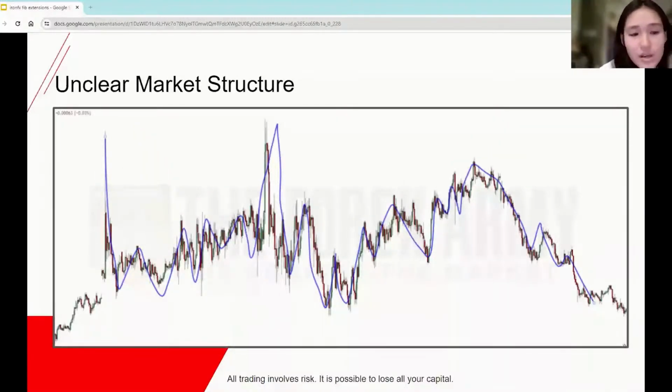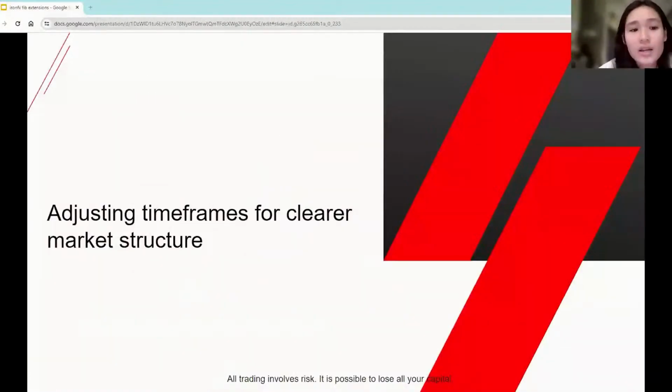One of the ways to identify a clear market structure is by adjusting the time frames, in order to get a clear market structure for you to conduct your Fibonacci analysis on. What may look messy on an M30 chart might actually look very clear on an H4 chart.